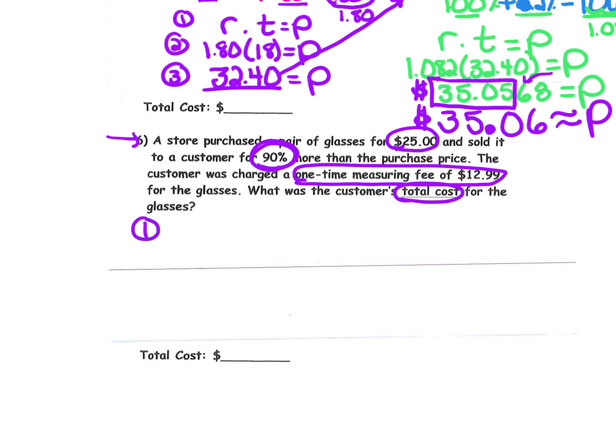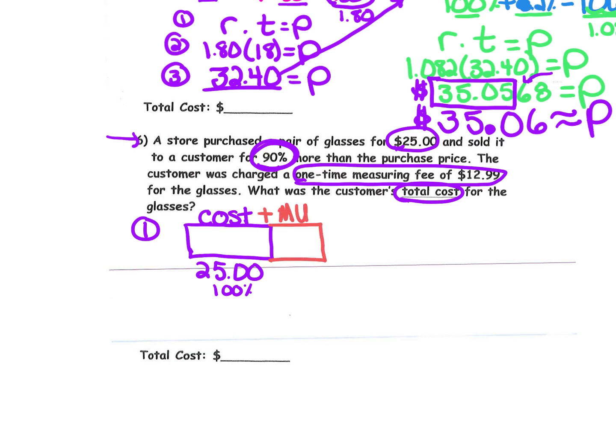So, in step 1, you're going to have to take the cost of the glasses, which is $25, or 100% of the cost, and you're going to have to add on a markup of 90%.